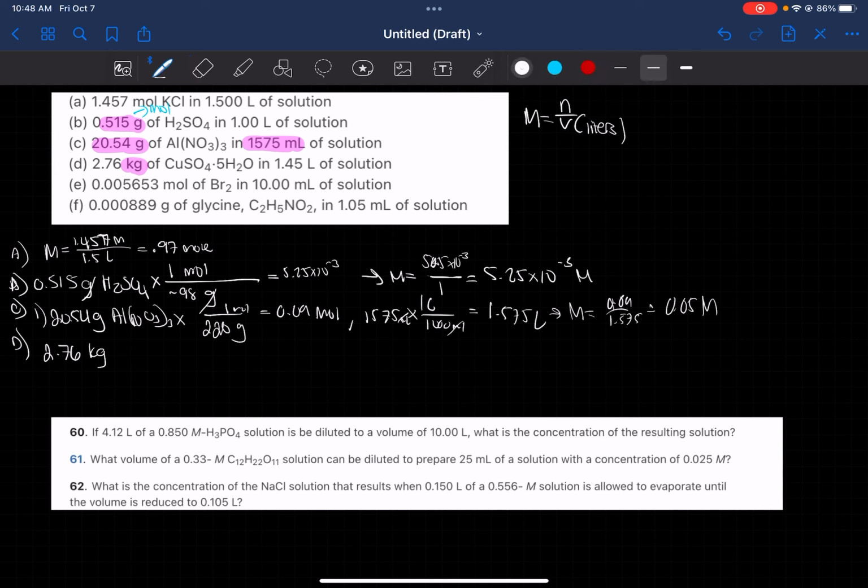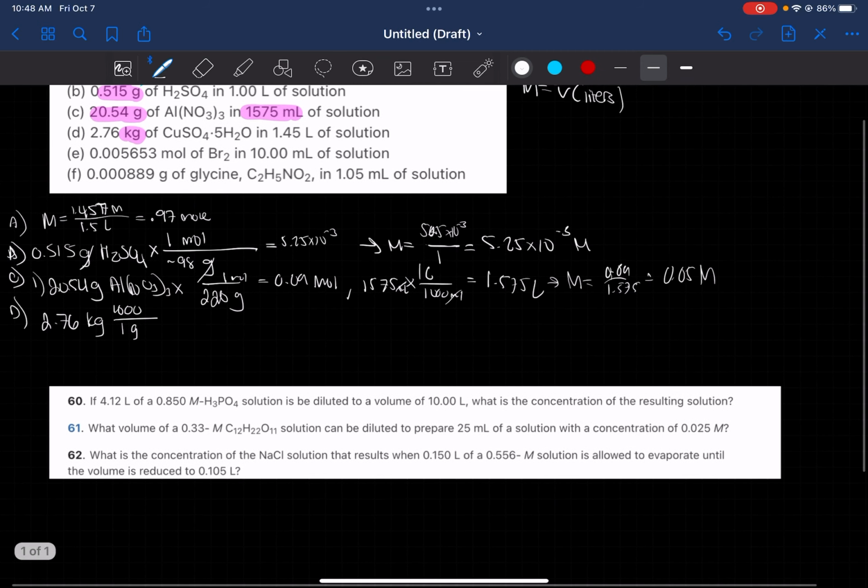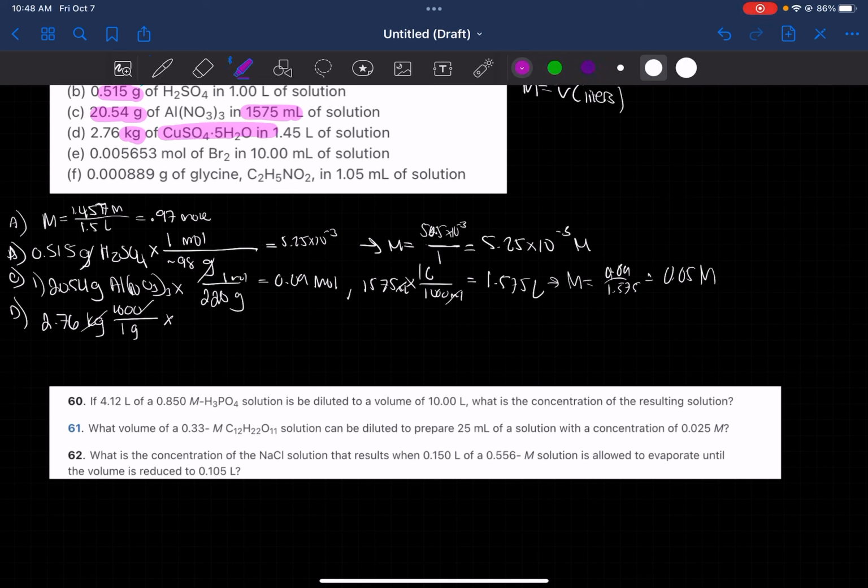For every 1 gram, there's 1,000 kilograms. Then you convert this into the mole, because this gets rid of the kilograms, which leaves you with the gram. Then you times this by the weight, because you need the mole.